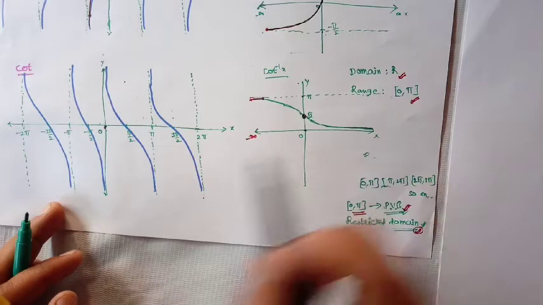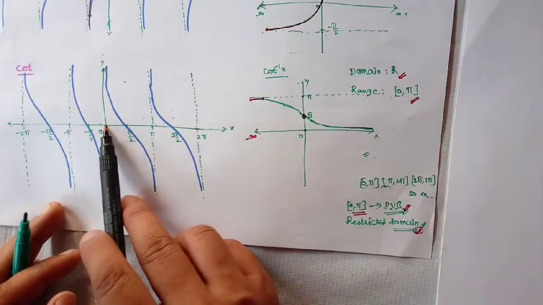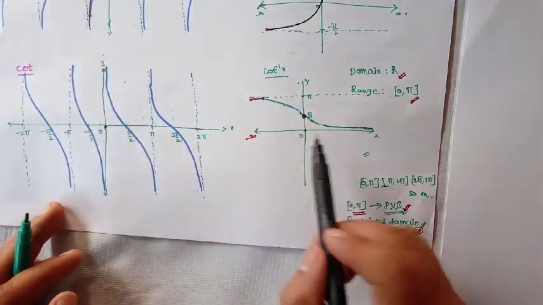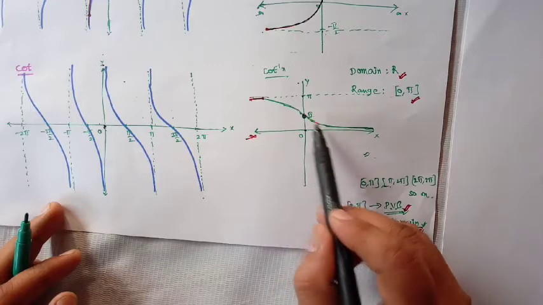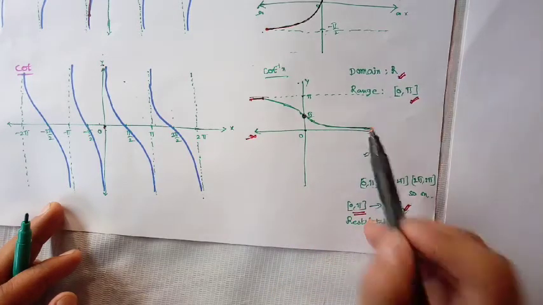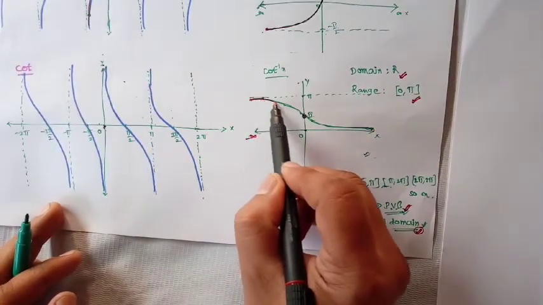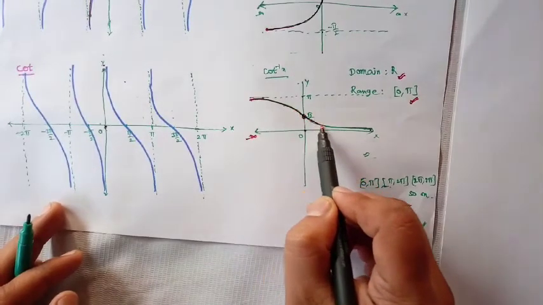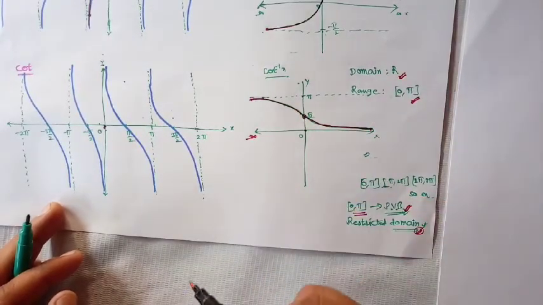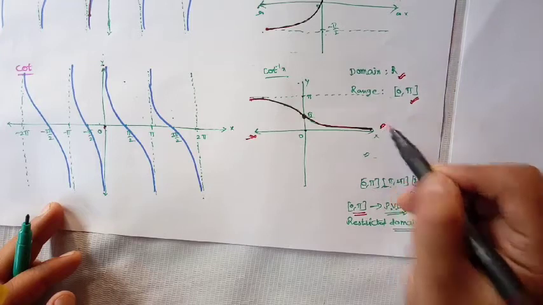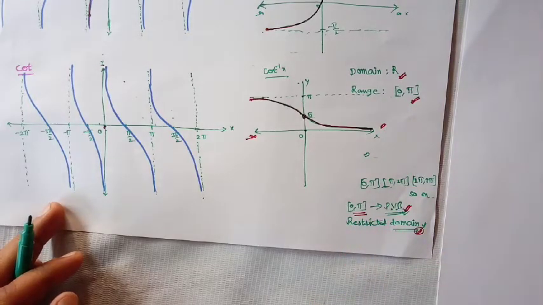Next, at the time of 0 it is going to infinity, so at 0 you make it reach infinity. Joining all these points, this will be the graph of cot inverse.